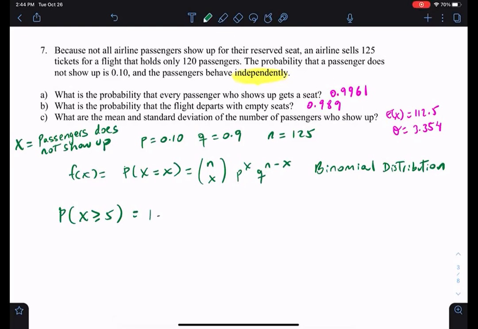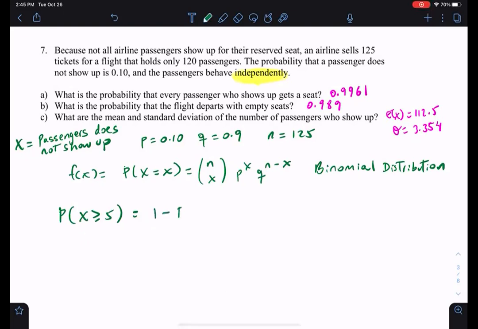So this is 1 minus a probability. I cannot find the probability of x greater than or equal to 5 directly, because I have a sample of 125. That would imply that I have to do the probability of x equals 5, x equals 6, 7, 8, 9. That will take me forever. So I'm going to do just the complement.